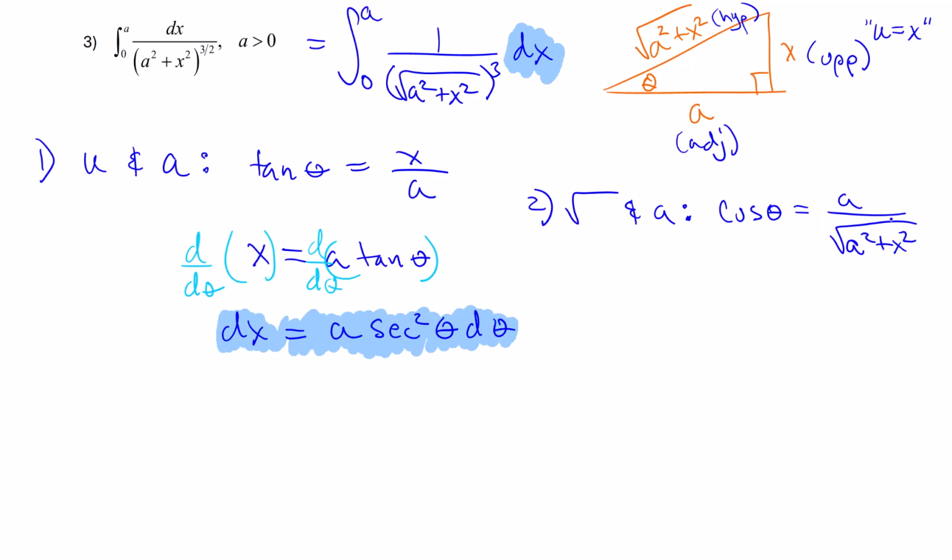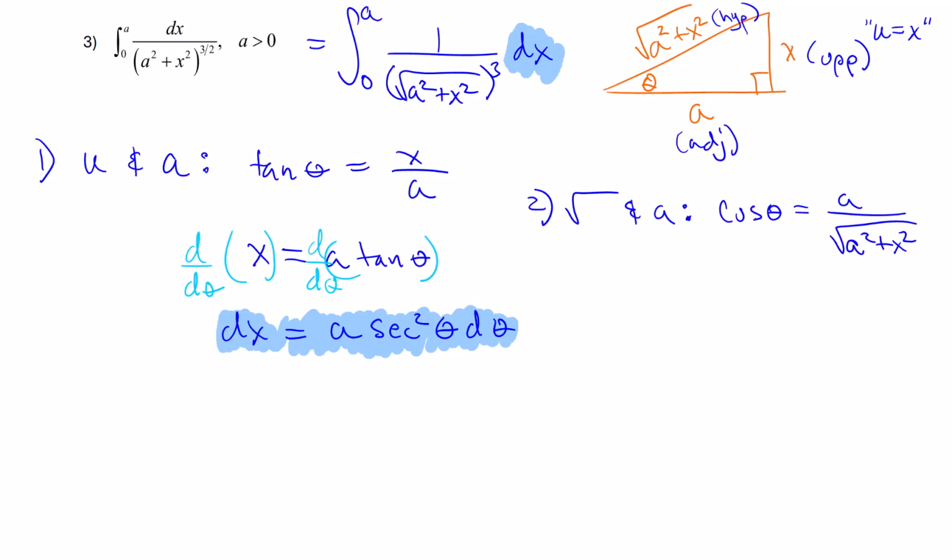But we'd like to replace just that expression. I'd love to be able to solve for that. So let's do some basic algebra to get that. You may recall that in proportions, which is when you have 2 fractions that are equal, in this case, we have cosine theta equals a over this root. That's a proportion.